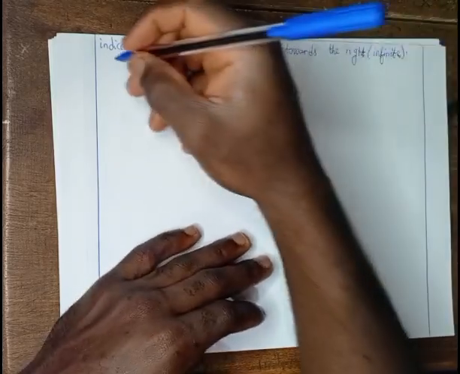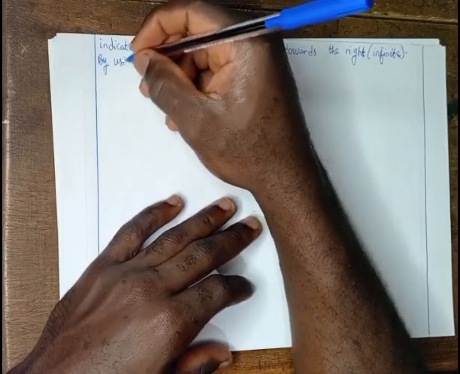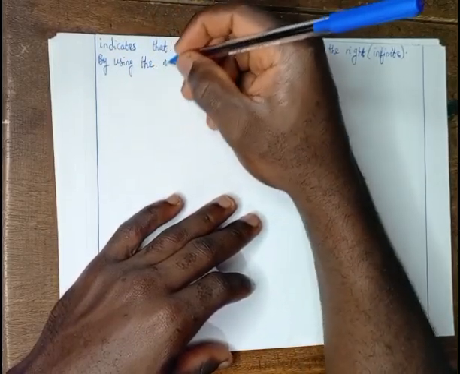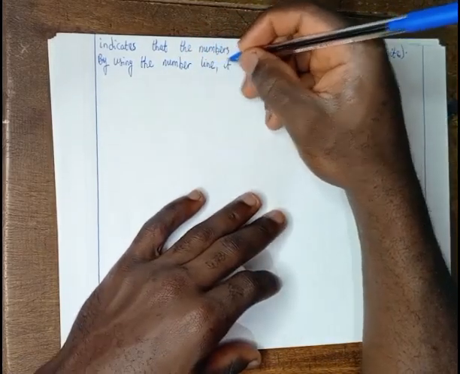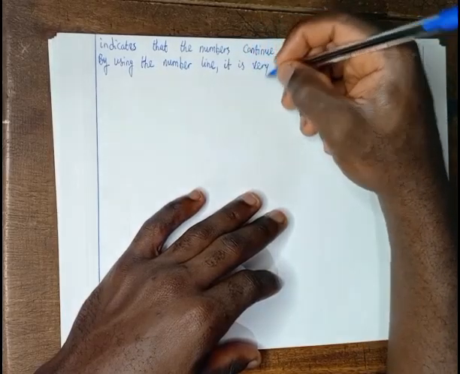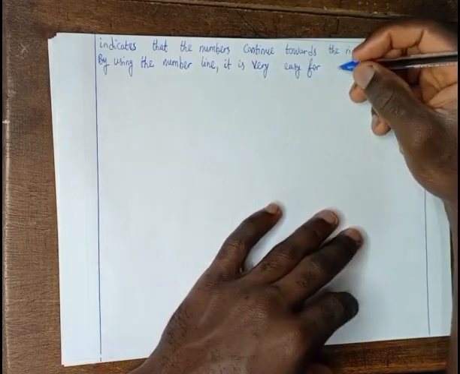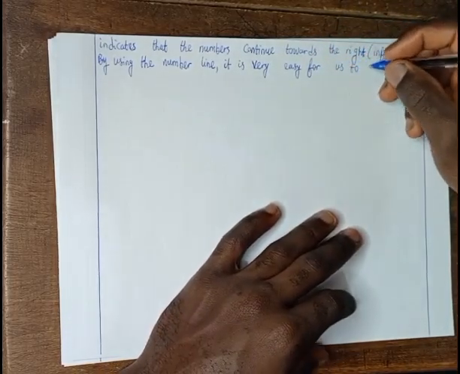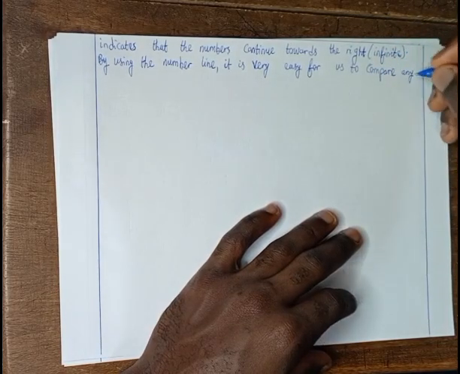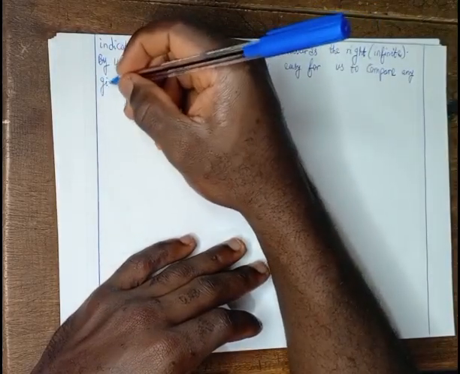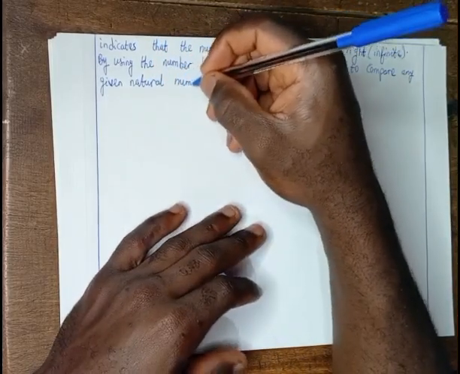By using the number line, it is very easy for us to compare any given natural numbers.